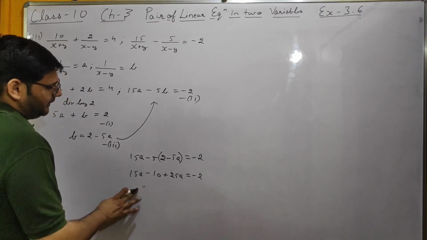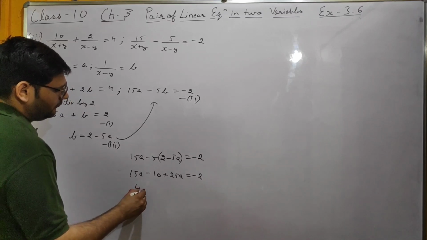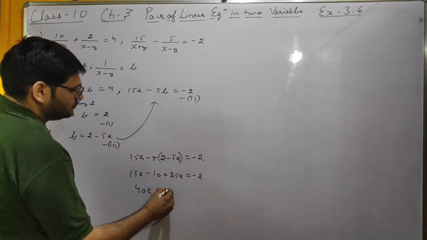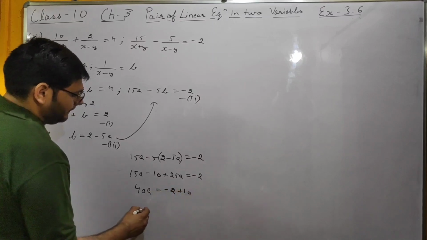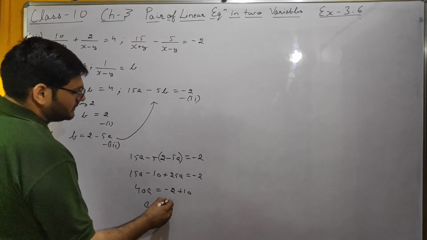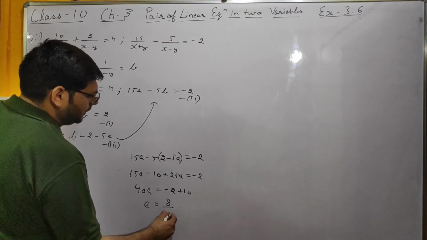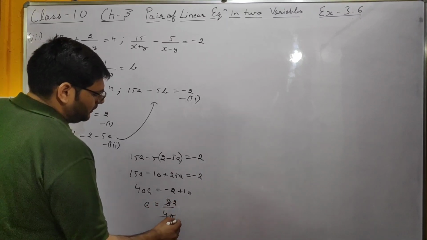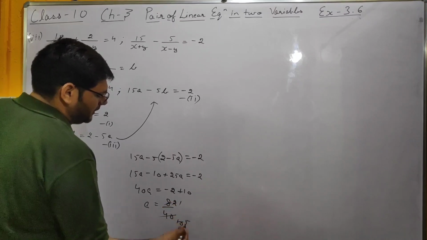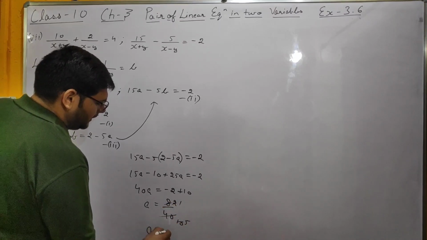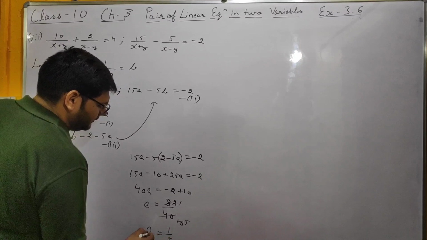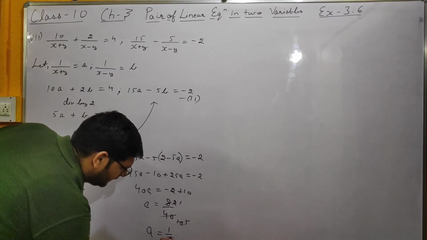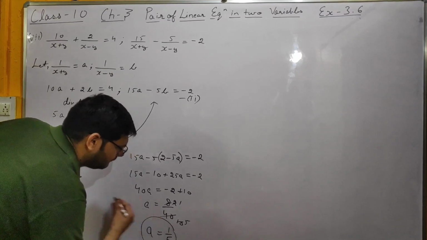And then it will be 40a equals minus 2 plus 10. So a equals 8 upon 40. Then 4 2s are 8, and 2 5s are 10, so 8 5s are 40. Directly you can do a equals 1 by 5. So we are getting the value of a is 1 by 5.